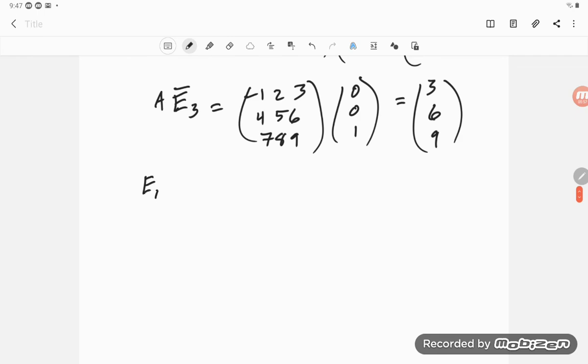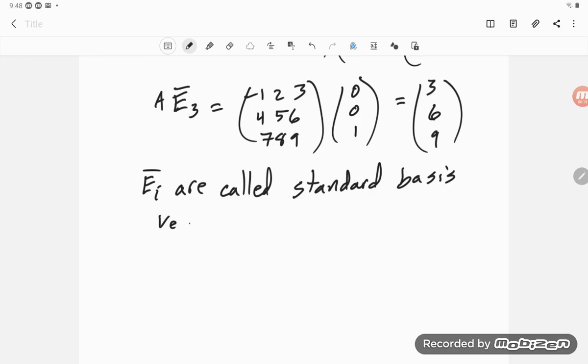Now the e sub i are called the standard basis vectors of Rn.